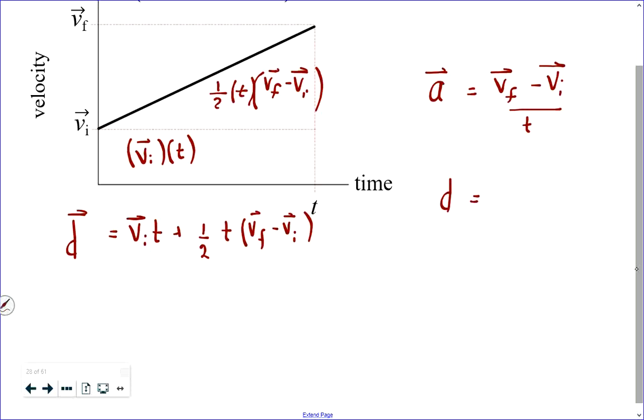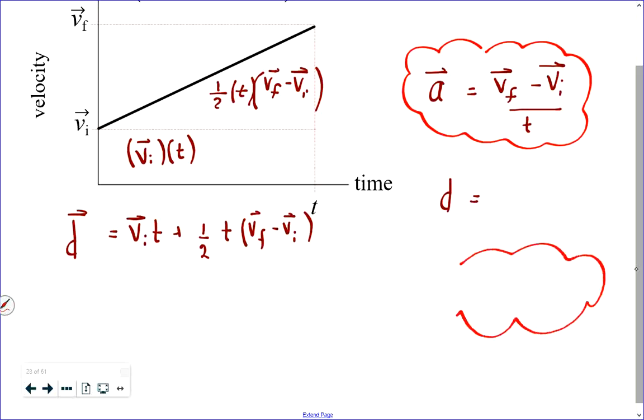Now, I know that acceleration is VF minus VI over T. If I multiply both sides of this equation by T, I get this equivalent statement: A times T equals VF minus VI.